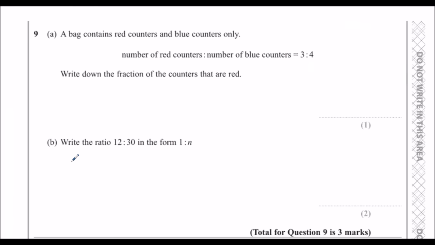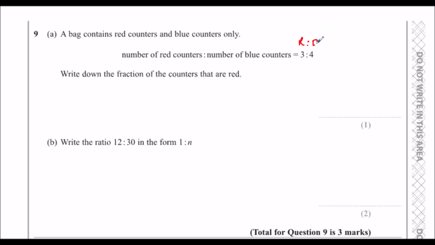Question 9. A bag contains red counters and blue counters only. The number of red counters to the number of blue counters is 3 to 4. Write down the fraction of the counters that are red. So we've got 3 parts red and 4 parts blue.